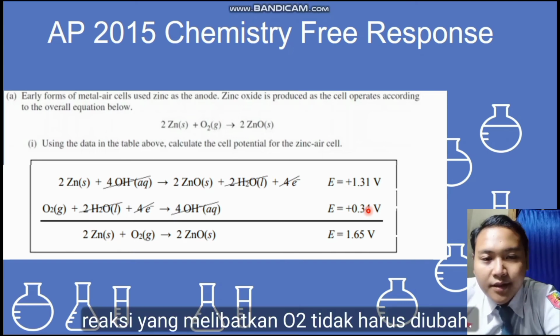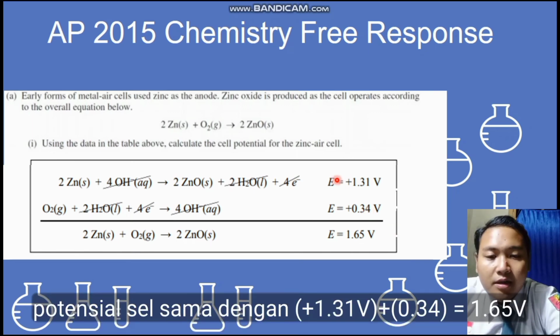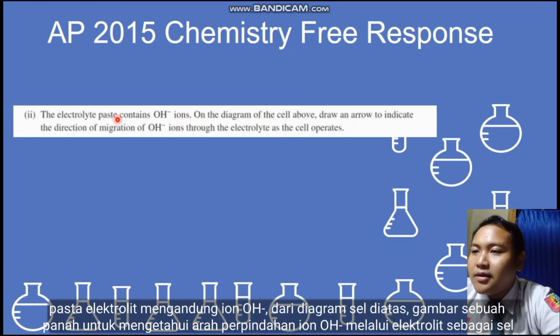The reaction involving O2, or oxygen, does not have to be changed. The two equations are added together to produce the desired overall equation. The cell potential is equal to 1.314 plus 0.344. It will be equal to 1.654.